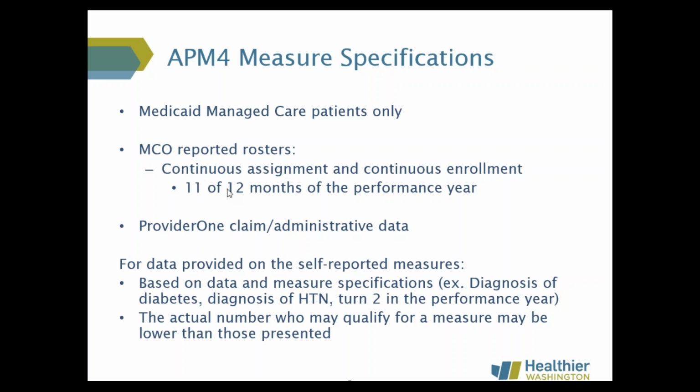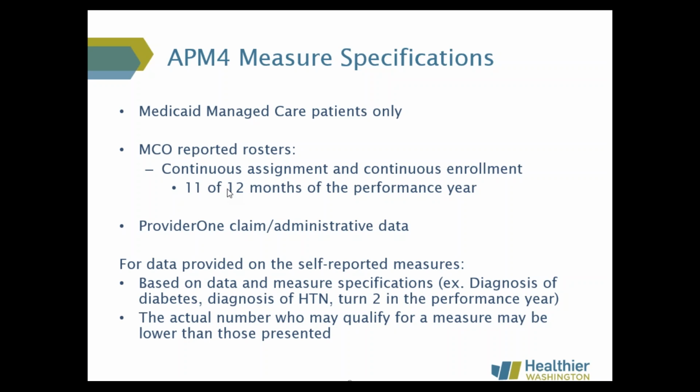Furthermore, we are depending on the assignments of the managed Medicaid enrollees, as reported by the MCOs and confirmed by HCA. So there's a process that takes place where the Healthcare Authority receives enrollment files from the MCOs about individuals' monthly enrollment, and the provider or the FQHC that they are assigned to every month.